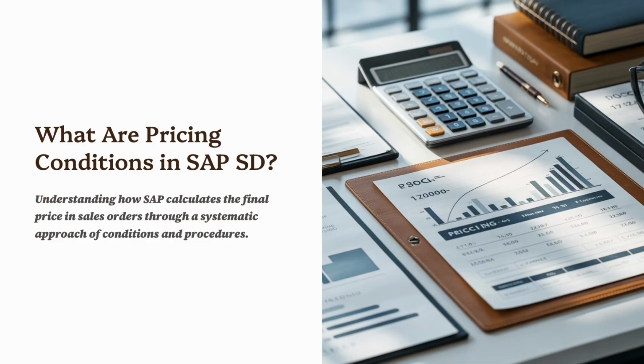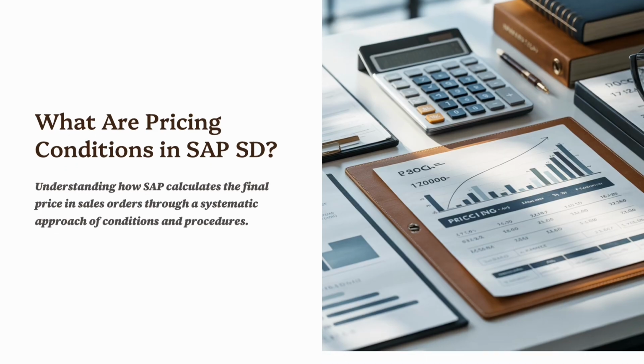SAP combines all these using something called the condition technique, which determines the final selling price automatically during order creation. Pricing conditions are the foundation of SAP SD pricing, and mastering them is key for every functional consultant.